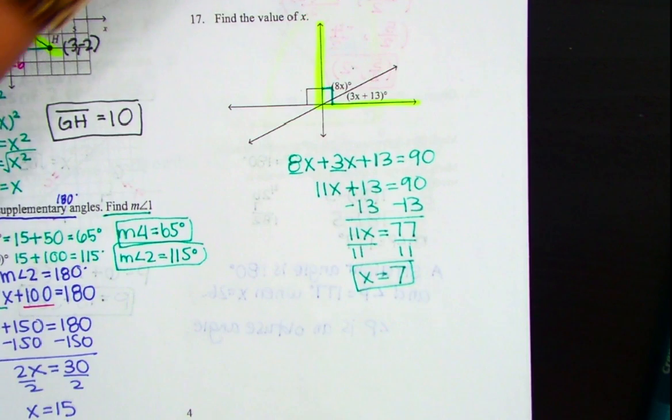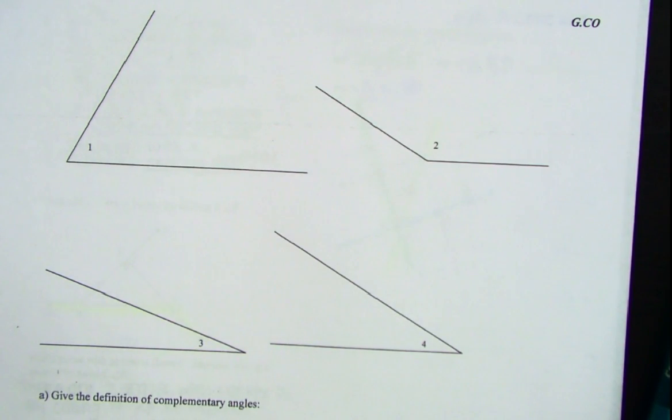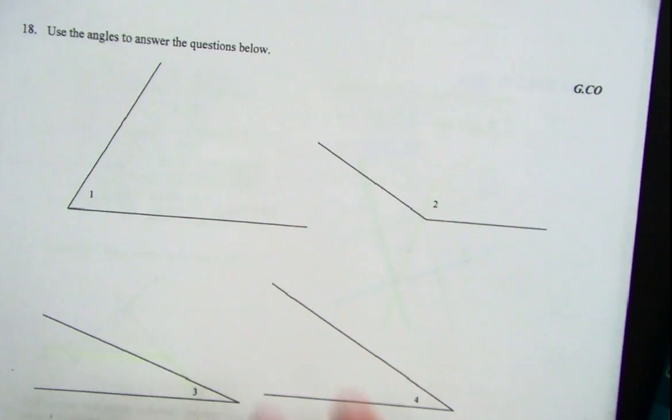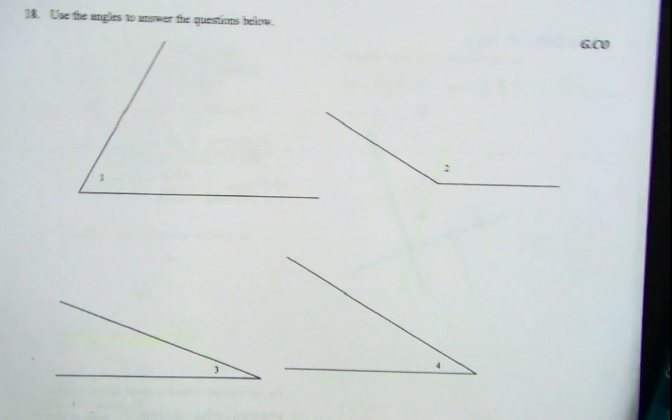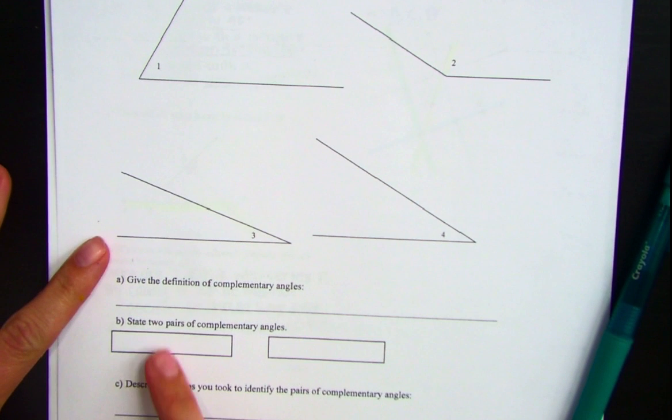All right, number 18. Let me run and grab my protractor. So we're going to use the angles to answer the questions below. They want us to give the definition of complementary angles. Then we're going to state a pair of complementary angles and describe the steps that we took.